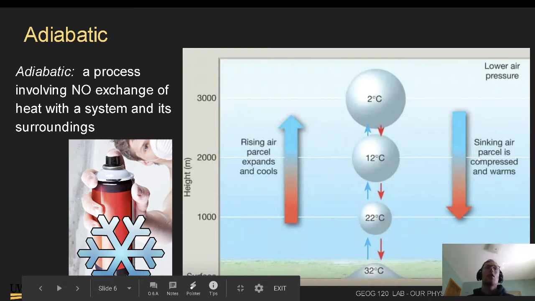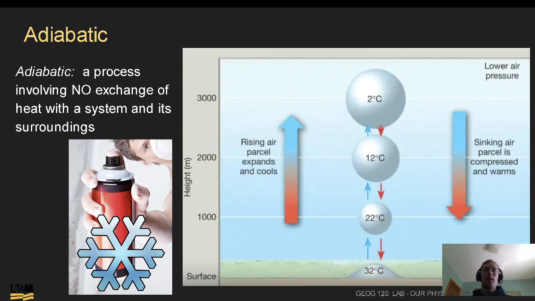So when lifting occurs, the process of that air parcel expanding as it rises involves an adiabatic process, which is a concept from thermodynamics. And to best describe this, I like to think of if you've ever used compressed air or a spray can and you've held the trigger down for longer than a few seconds, your hand feels really cold.